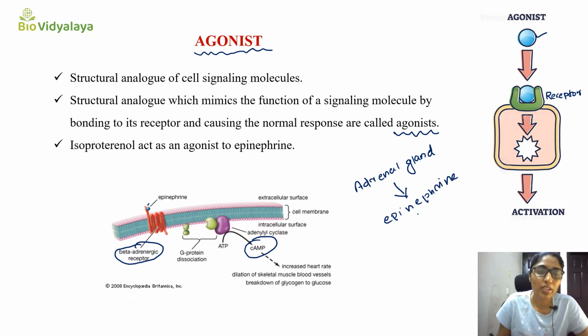And isoproterenol is an agonist of epinephrine, a structural analog of epinephrine that acts like epinephrine.